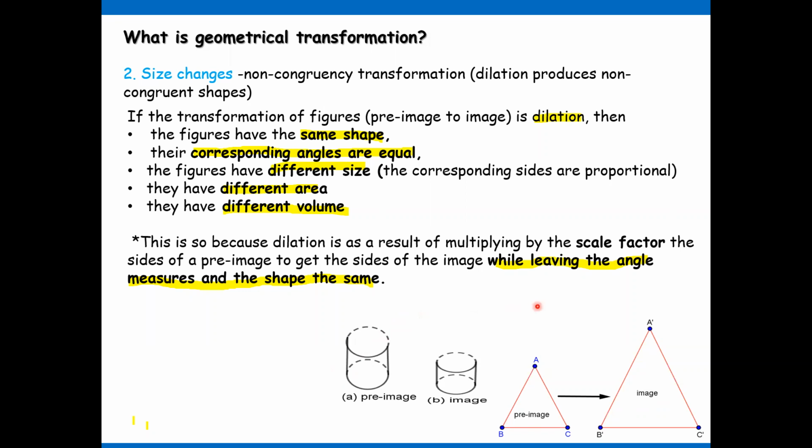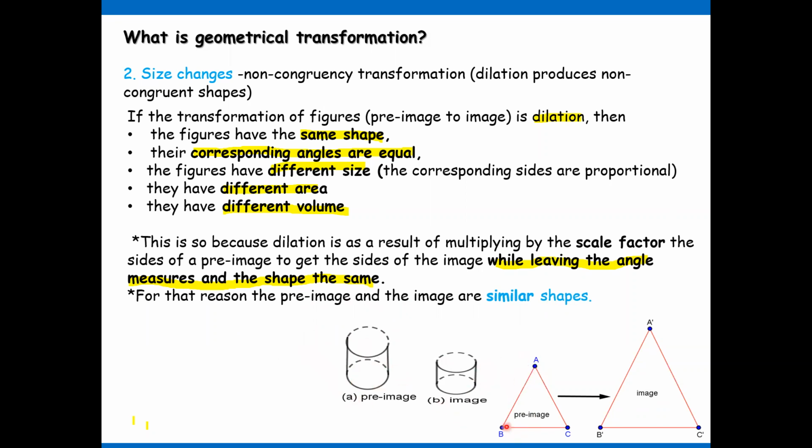But the angles and the shape are not going to change, right? Okay, for that reason, the pre-image and the image are similar shapes. That is, the diagram in A and B are similar shapes.